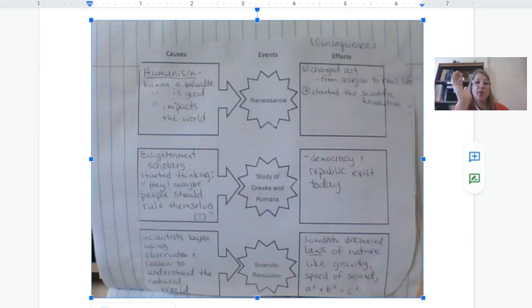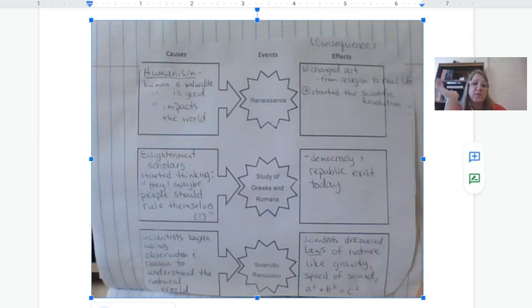Okay, so we have the study of Greek and Romans. So Enlightenment scholars like Galileo, Copernicus, Kepler, and then Hobbes, Locke, Montesquieu, those that we looked at Monday and Tuesday, they start thinking, due to humanism and the study of science, reasoning, and enlightenment, they start thinking, hey, maybe people should rule themselves.